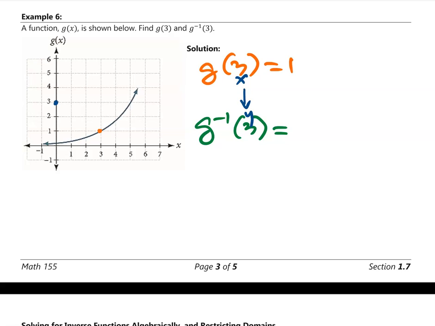So if this is your y, and then now the answer is this, so that is equal to 5. That's how, the easiest way to get the g inverse of 3. So you swap, this is your x, this is y. So this becomes the y, and then find the x value, and the x value is 5. So that is the answer.